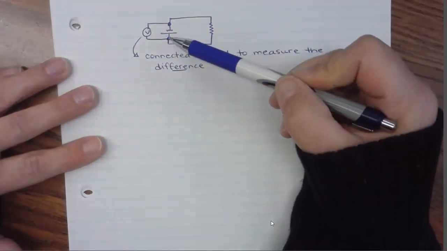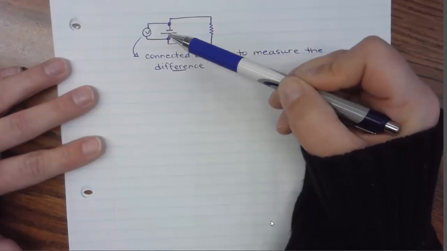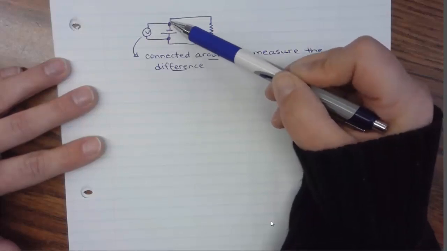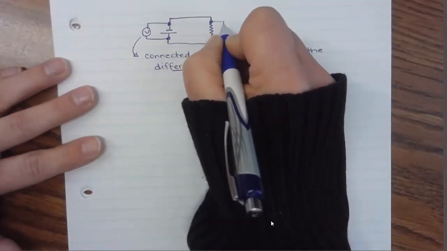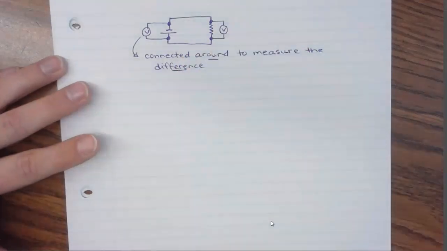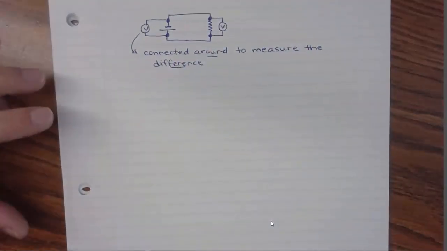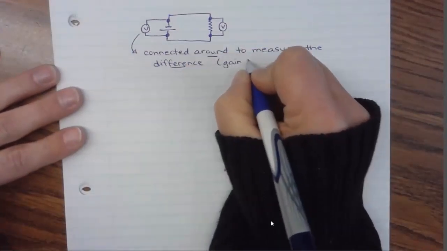So here, remember we said they have 0, and here they have 1.5. So it's going to actually measure the difference between those 2 points. Or if we were measuring the voltage at the load, then we would connect it on either side of our resistor like that. So it's connected around to measure the difference, gain or loss.